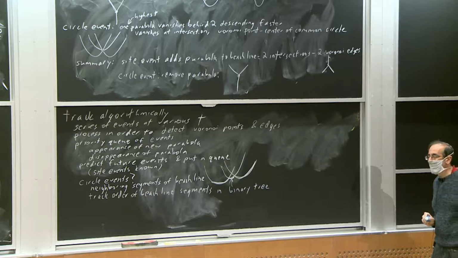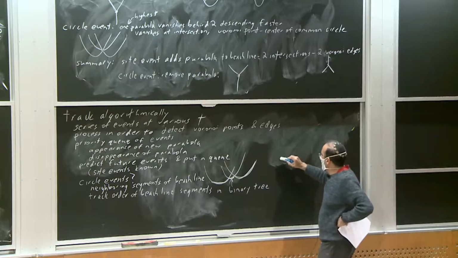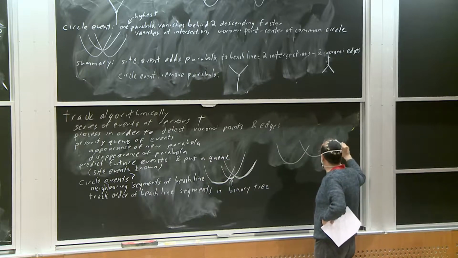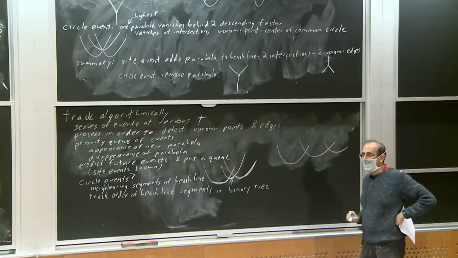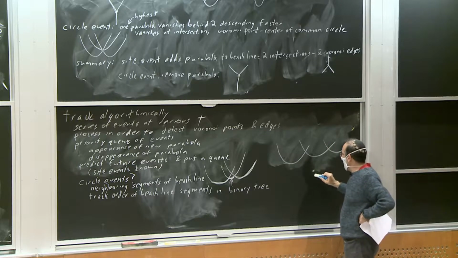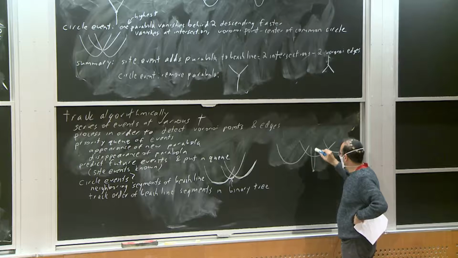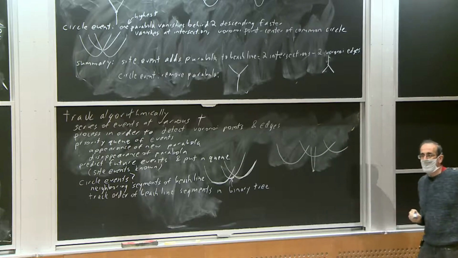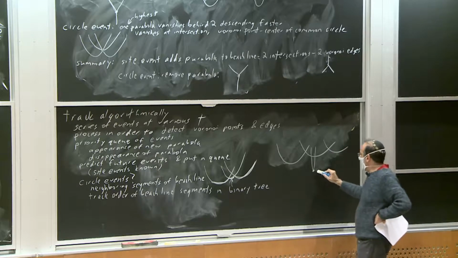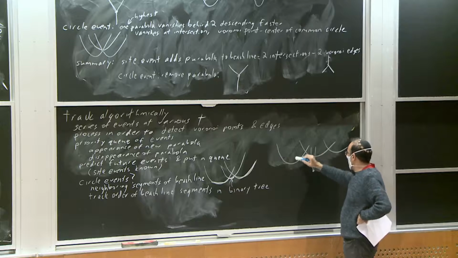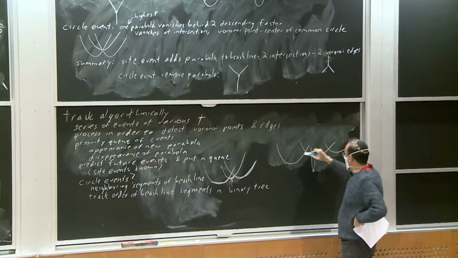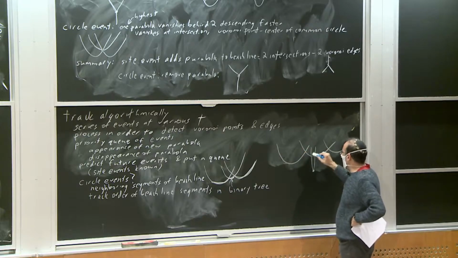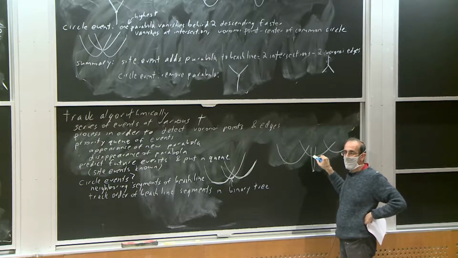So, I'll have some beach line, and all of a sudden, a new parabola will appear during a site event. What I will ask is, if I binary search through these parabolas, where is the one that I am directly underneath?